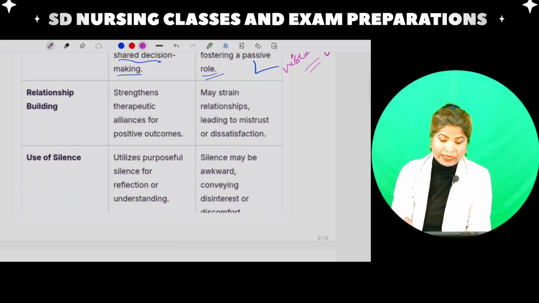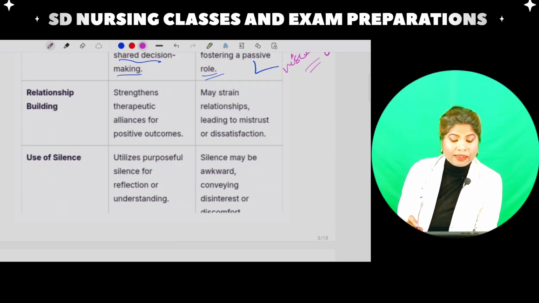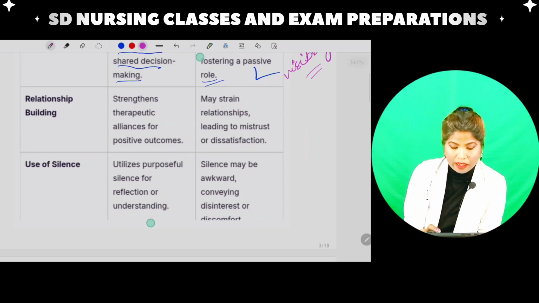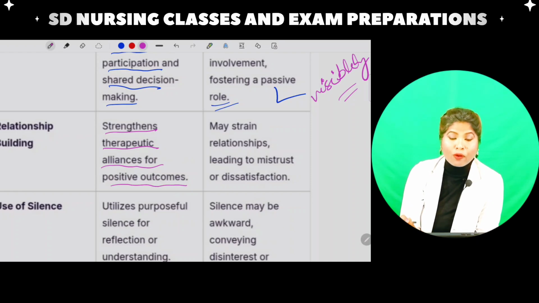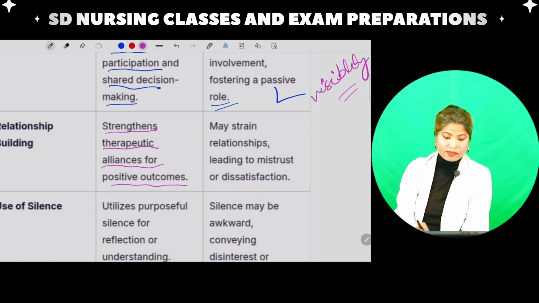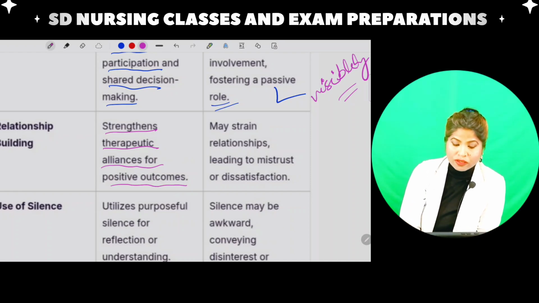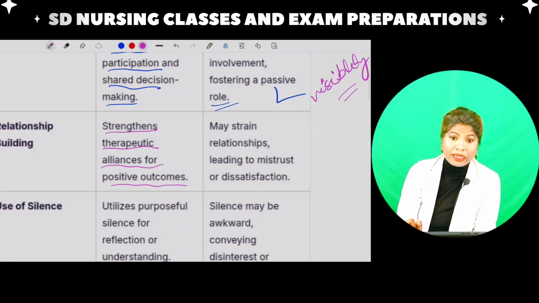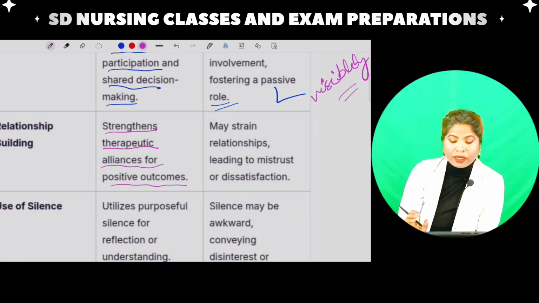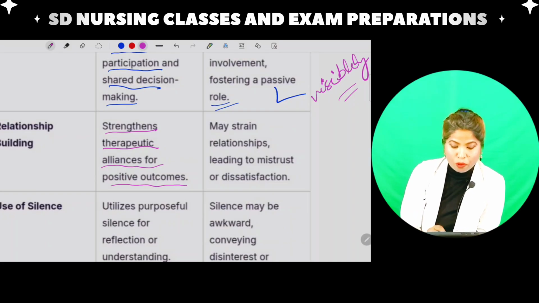Then relationship building, yes, strengthening therapeutic alliances and positive outcomes. So these all things are there. You are strengthening the patient therapeutically, you are involved with the patient. Alliances means there should be an agreement between the patient and you, that both together you are cooperating with each other, and positive outcomes.